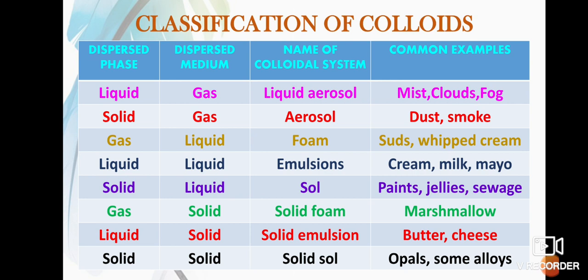If the dispersed phase is solid and dispersed medium is gas, then it becomes aerosol: dust, smoke. Then gas in liquid becomes foam, that is suds, whipped creams, and so on. Like this way we can classify the colloids into different types. Okay students, you can make a note of this in your notebook.